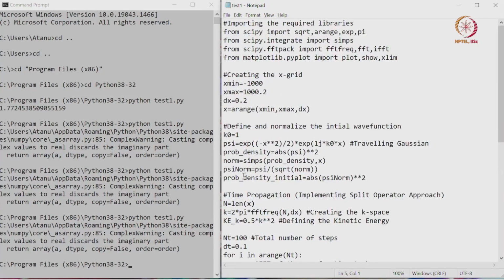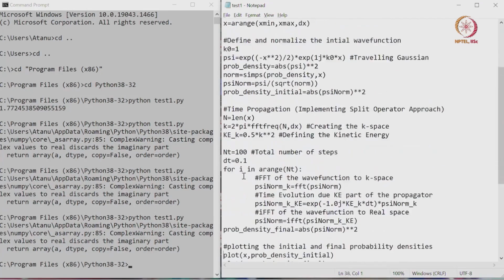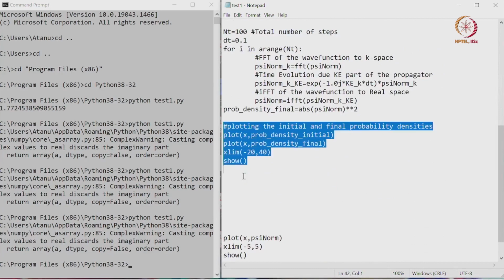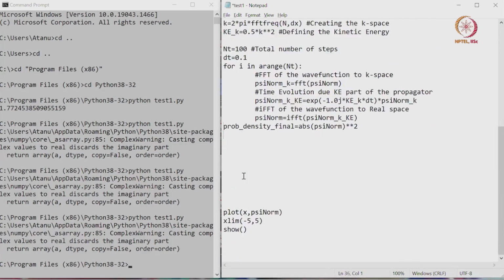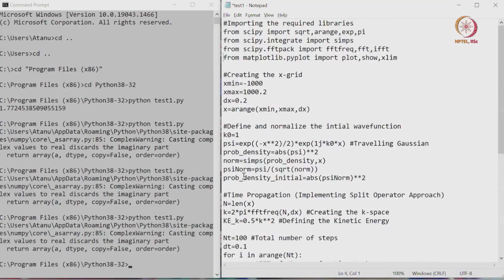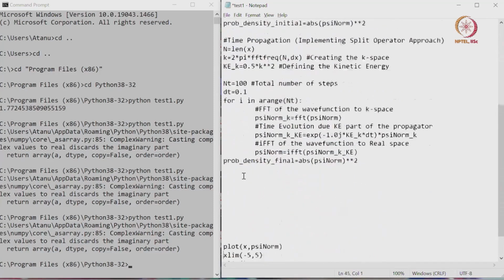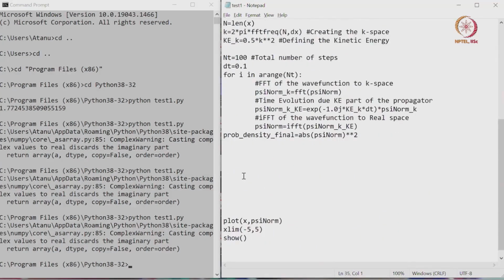These should be there, but in the end, instead of plotting, we do not need to plot right now. We will do one thing. We can remove this matplotlib library as well.